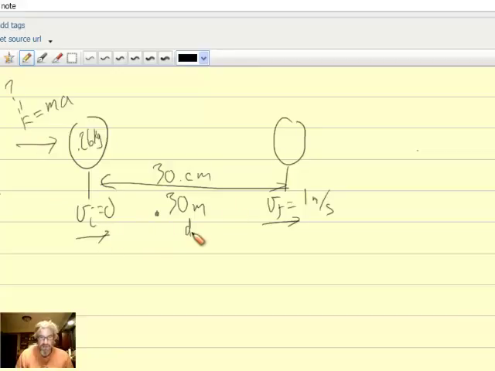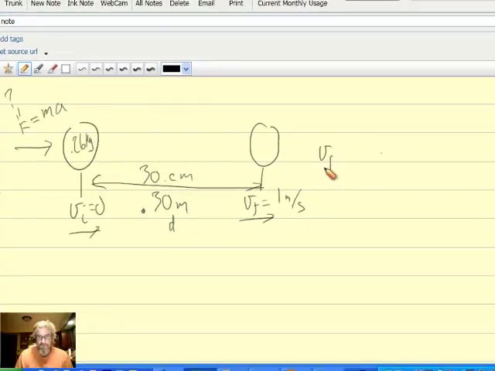VF is equal to the square root of VI squared plus 2 times A times D. Now in this situation, we know that our starting velocity is nothing, so we can just make that term go away, and this simplifies the equation a bit.